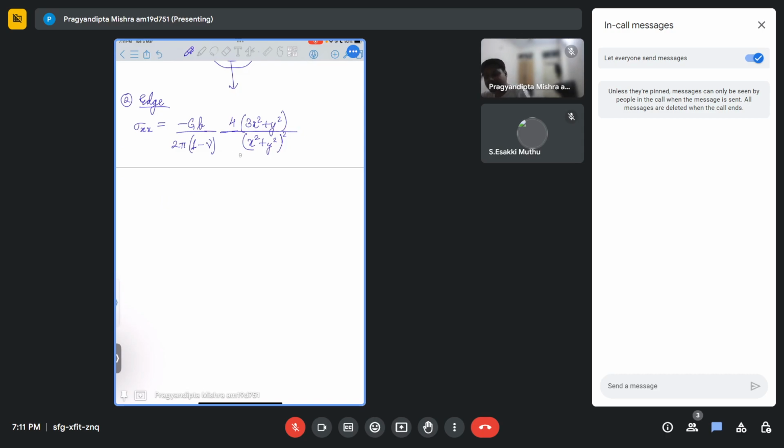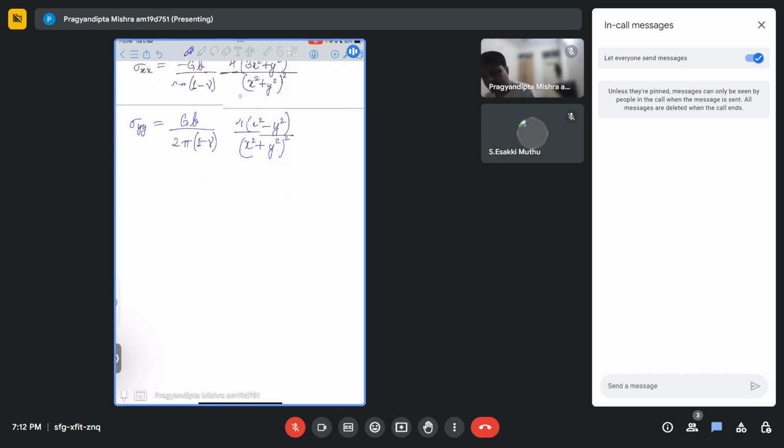Now sigma yy is equal to gb by 2 pi, in a similar way, no negative sign, but y (x squared minus y squared).